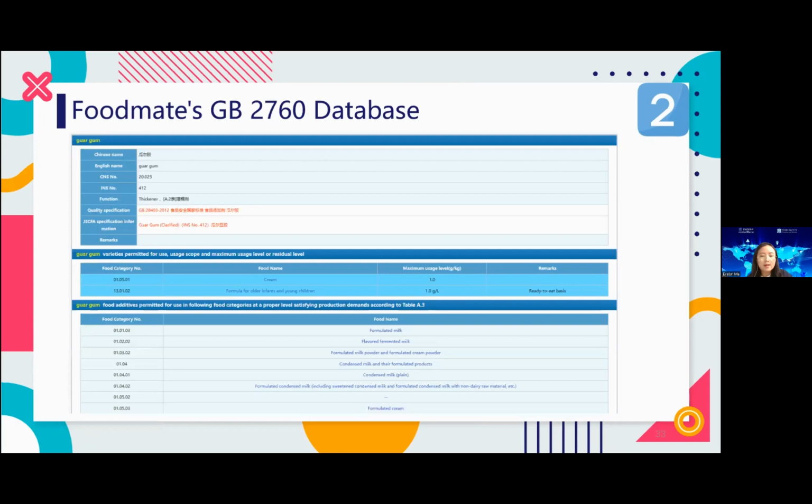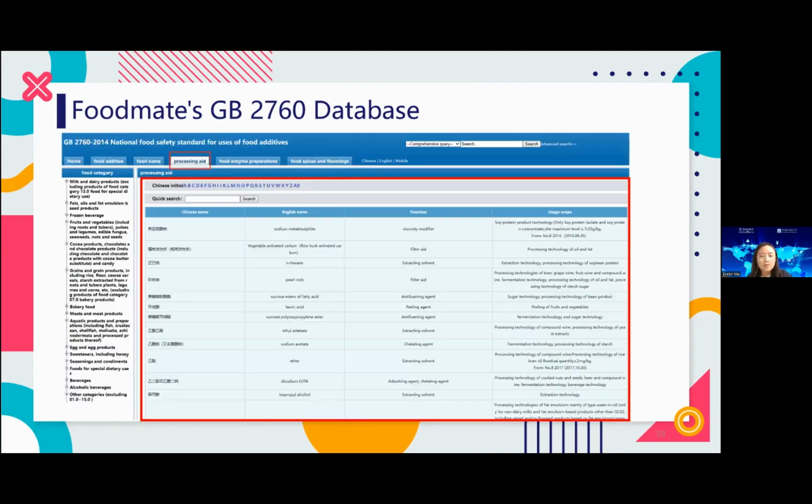Now I can access all the information about guar gum, and you can see this part is required to be used in a limited amount, and this part is used in accordance with GMP. And you can also use the database to find processing aids, food enzyme preparations, and food flavorings.